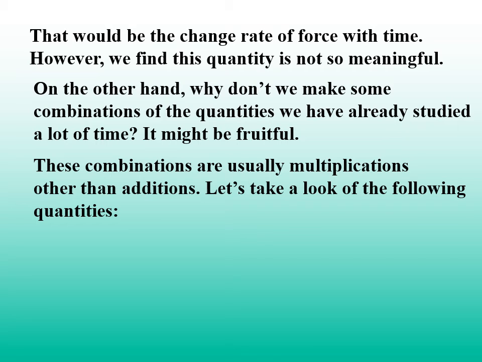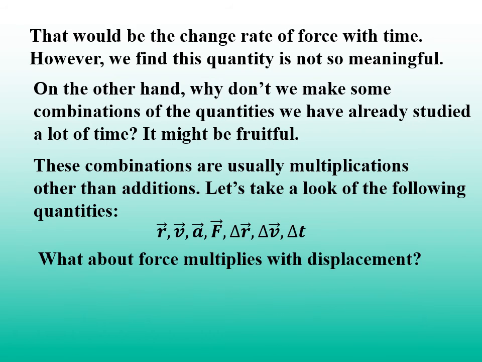These combinations are usually multiplications other than additions. Let's take a look at the following quantities: position r, velocity v, acceleration a, force F, displacement delta r, change of velocity, time duration delta t.